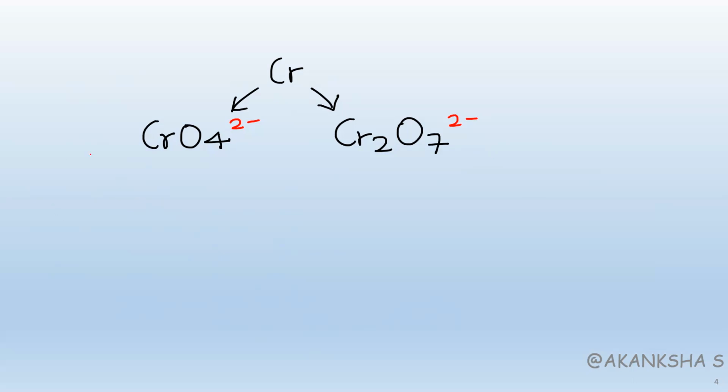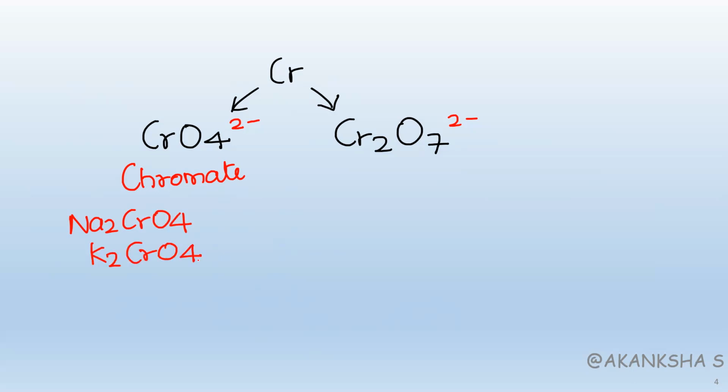This first compound is also called chromate. So if I'm adding sodium, this becomes sodium chromate. If I'm adding potassium, it becomes potassium chromate. Let's see over here, this comes to be called the dichromate ion.